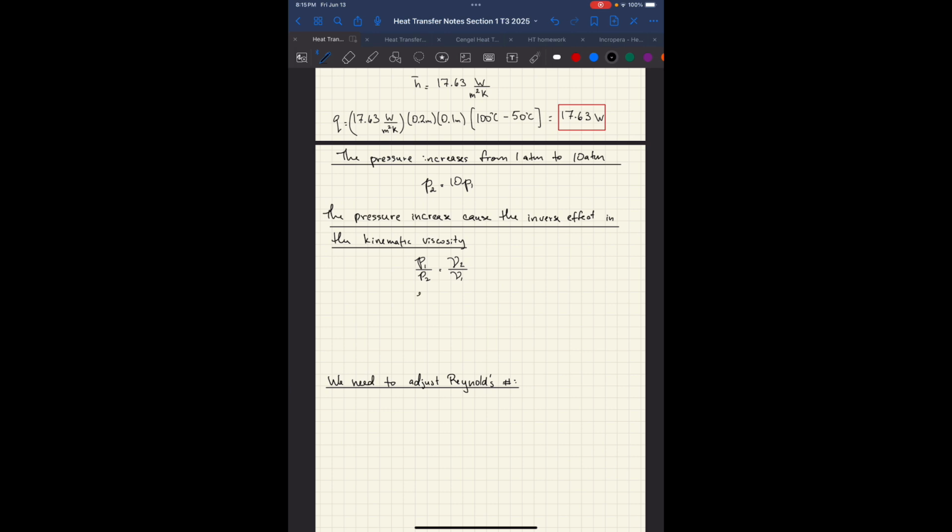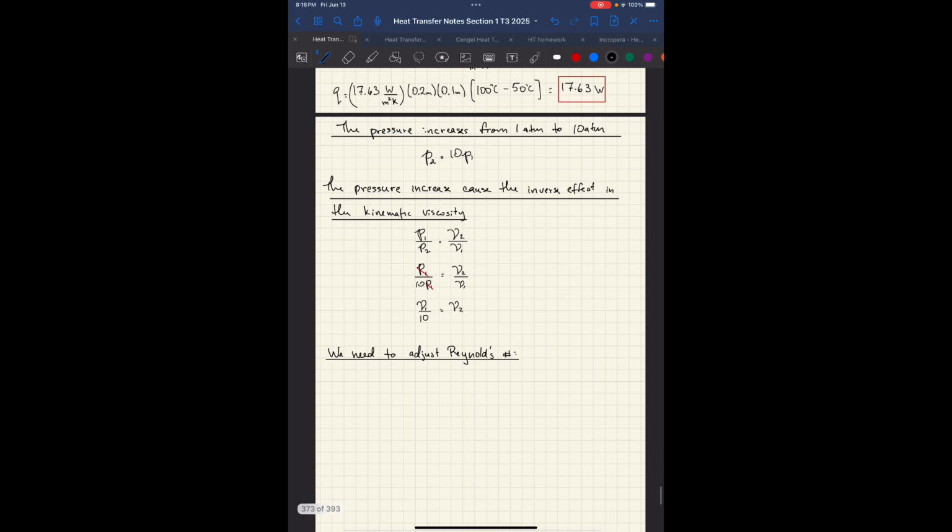That's going to help us out a little bit. The P1s cancel. And here you can clearly see, if you solve for nu 2, it is basically nu 1 over 10.